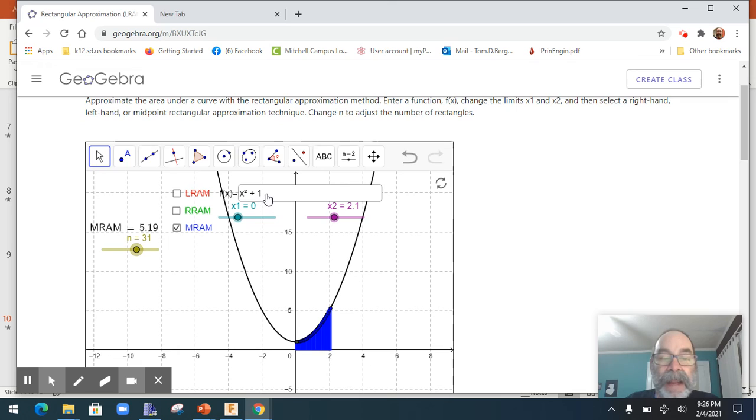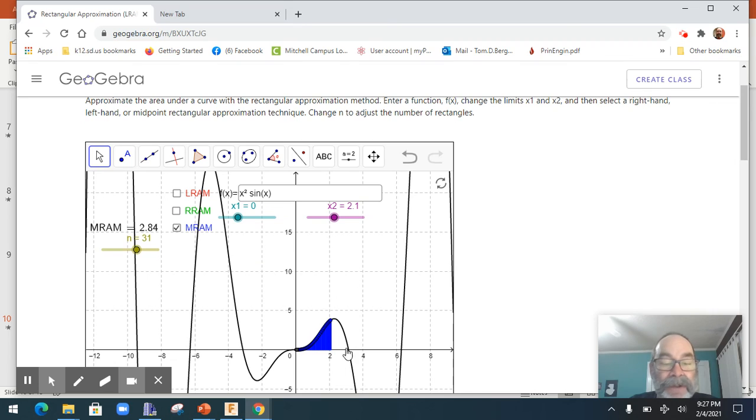But let's take a look at the question we were talking about, x squared sine of x. There's what our graph looks like. We only want it from 0 to 3. There we go.